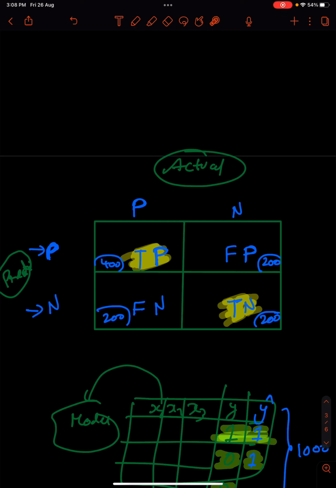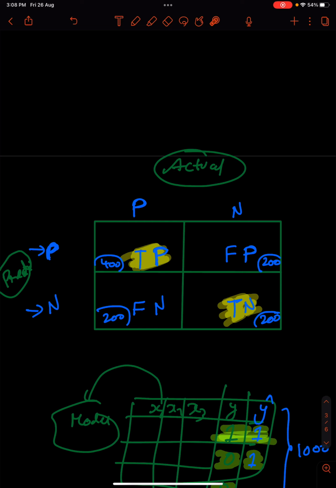How many actual positives are there? So that would be this. Actual positives are these, right? Of these 600 records that belong to the positive class, 400 are correctly identified, but for 200 the model is predicting wrongly as negative, whereas it was actually positive.